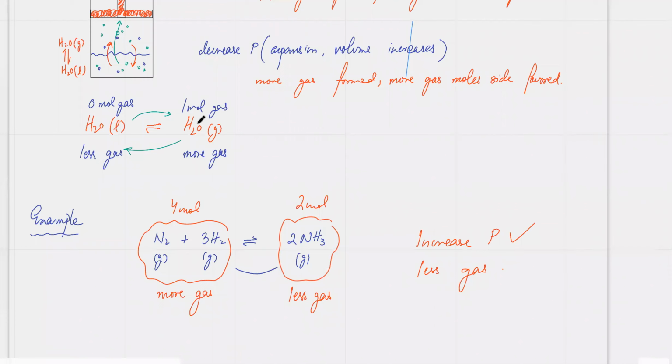Forward. ठीक है, more forward reaction is going to take place.